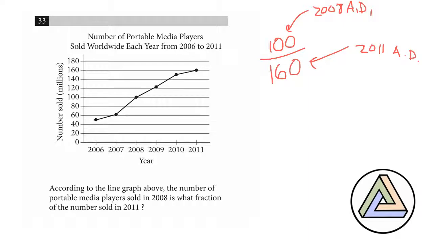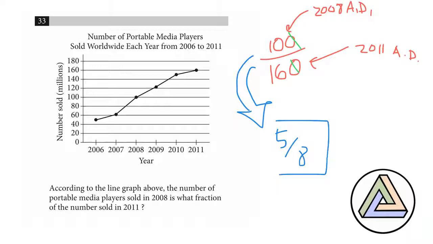And yeah, so that totally reduces, does it not? You could think of getting rid of the zeros, and then you could be like, okay, well, 10 over 16, that's going to be 5 over 8. So that becomes 5 over 8, which is the answer. The SAT would most definitely accept that. Moving on.